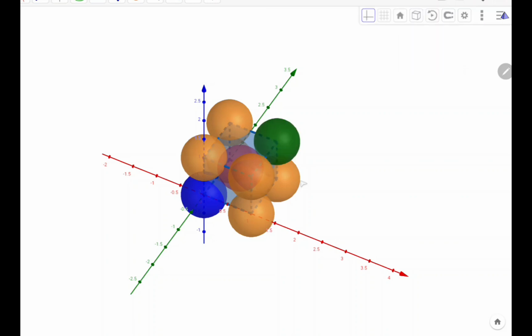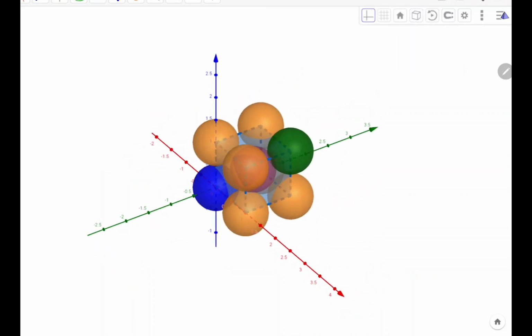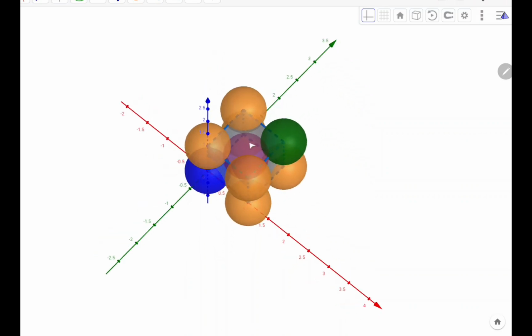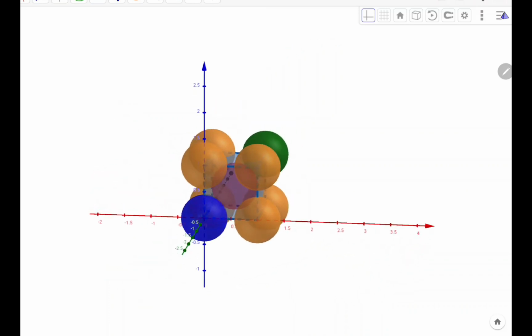Again, this atom is not in contact with this one, so there is no direct relation between R and A using this one here. Not even this one or this one or this one.